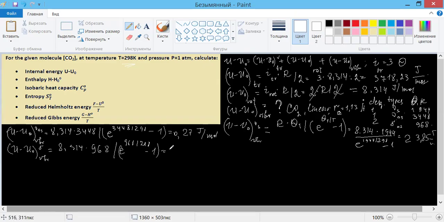Minus 1, of course, and your calculator should show you the answer, which is close to this one, 325.76 joules per mole. And now we can, not can, we should sum all the three components related to the three types of the vibrations in this molecule together. Vibration.